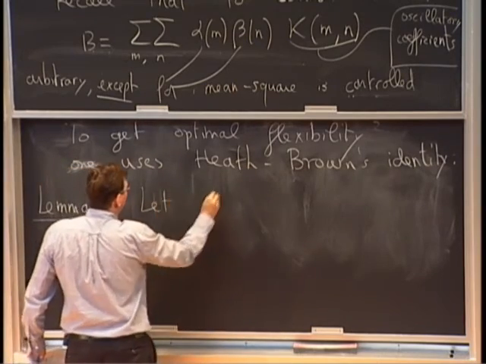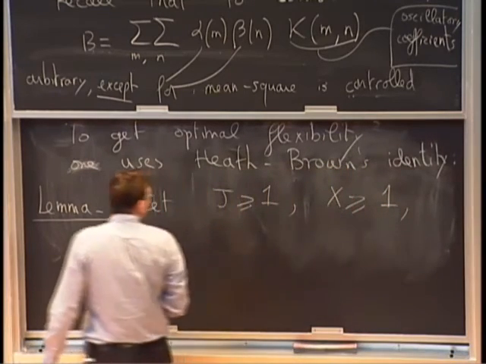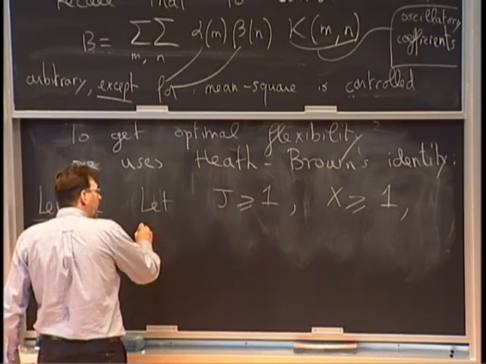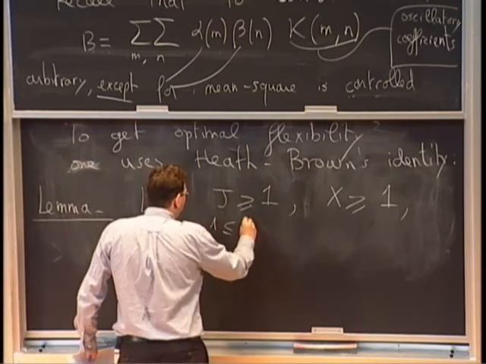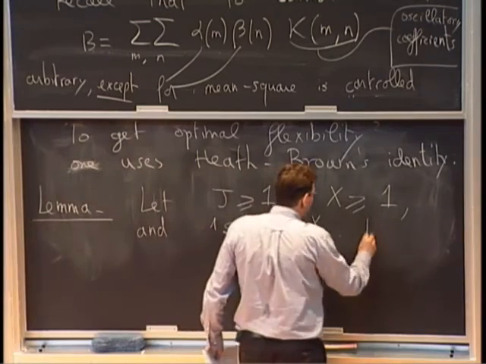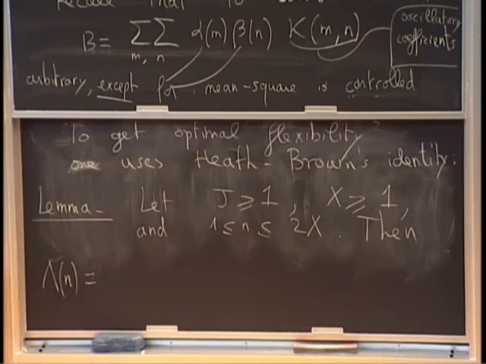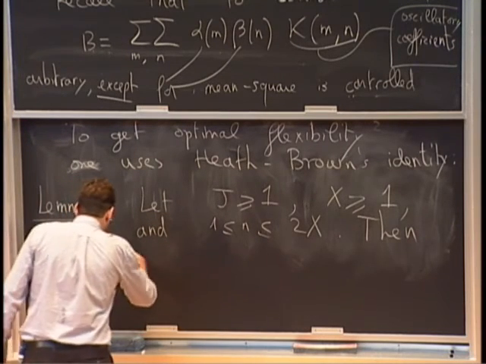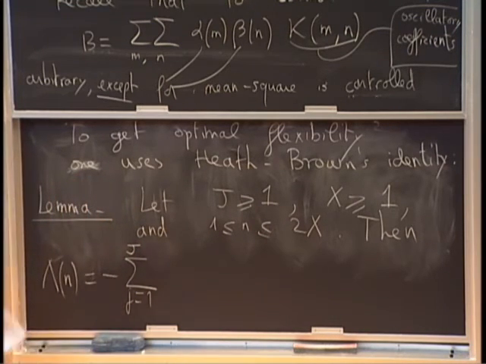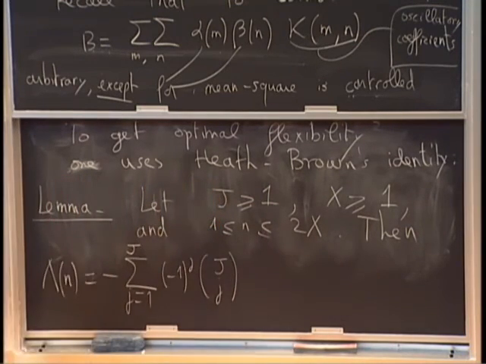Okay, so you have an integer parameter capital J, some big integer capital X, and you're going to study the von Mangoldt function for n up to x, essentially. More precisely, you can do it for up to 2x. Okay, then it's a formula for the von Mangoldt function. So being a formula, you can only check it in a few minutes in your head. So minus the sum from 1 to capital J of minus 1 to the power j times binomial coefficients of capital J over j.